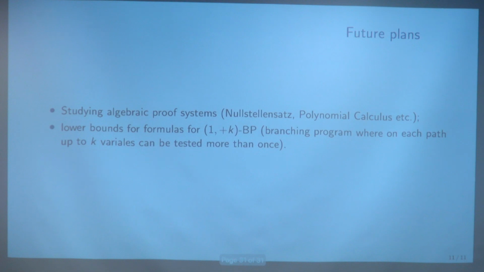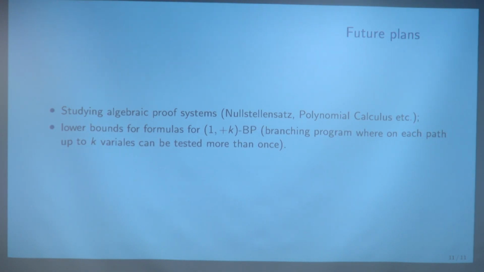And now I will say a few words about my future plans in research, I guess. So now I'm focusing on algebraic proof systems, such as Nullstellensatz and polynomial calculus. And one of the main reasons they were introduced is to deal with these mod p gates in bounded depth Frege, because these systems are not like bounded depth Frege without mod p gates.